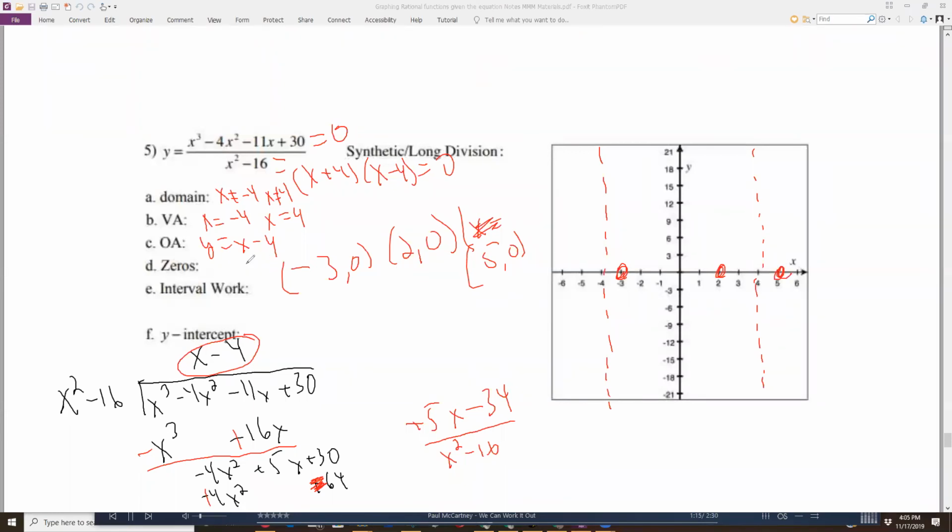Let's see, the slant asymptote is y equals x minus 4. So minus 4, is that right? Yeah, is that what I did earlier? Yeah. So this is a line, so it's something like this. And so it's going up 4 over 4. So something like this.